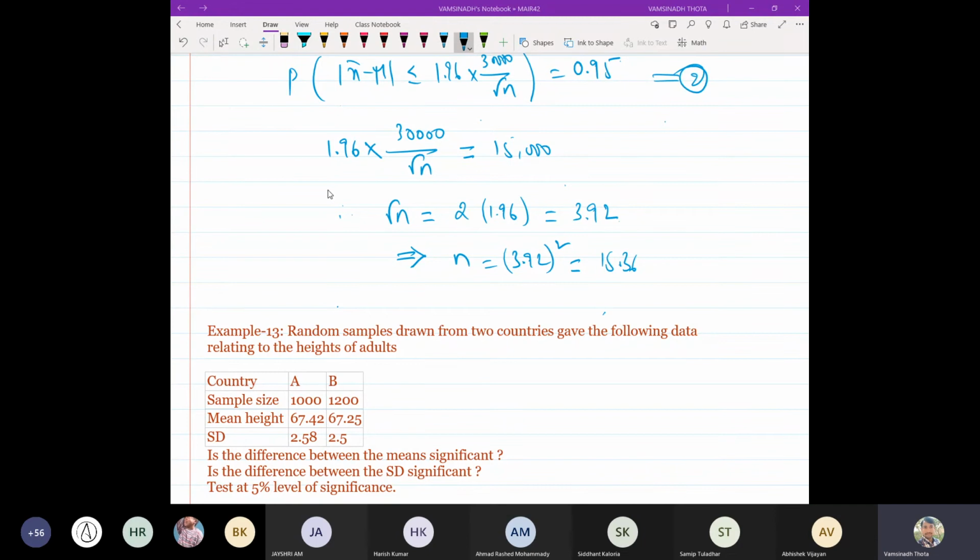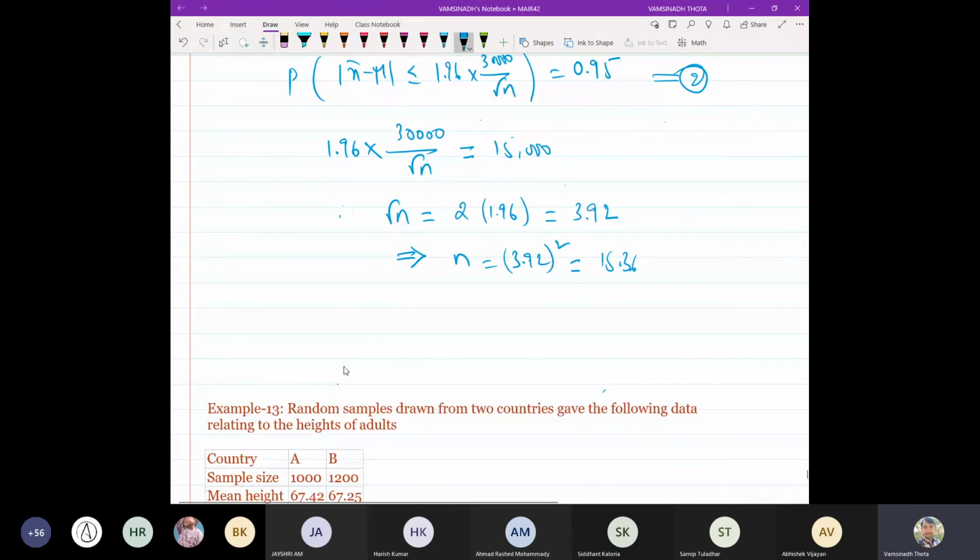Okay, so n is equal to 15.36, but n is a number, right? So we must take n to be, therefore, n should be minimum 16. N should be minimum 16. Okay.